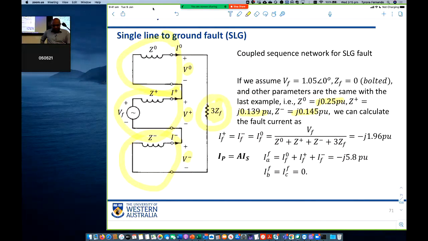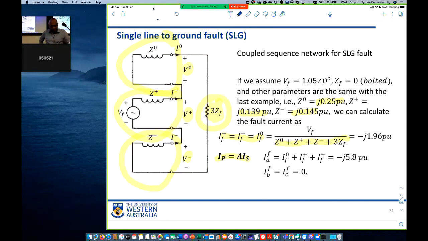Well, we can calculate the sequence currents to be the voltage VF divided by all the impedance values. And we know that the phase current and the sequence current are related through this equation, IP equals A times IS. So IAF is simply I0 plus I positive plus I negative.